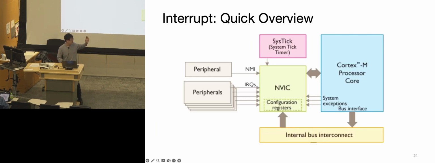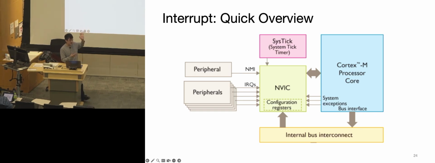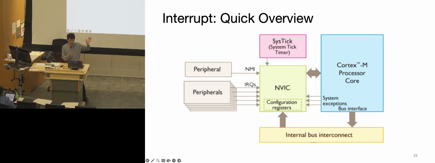So the NVIC here in the middle, this is a quick overview from the top to the interrupts. Essentially, there are different types of interrupts. In the case where a peripheral interrupt happens, the IRQs, the interrupt requests, they send out interrupt requests to the NVIC, and the NVIC decides which type of interrupt is coming and where it should direct the main program.